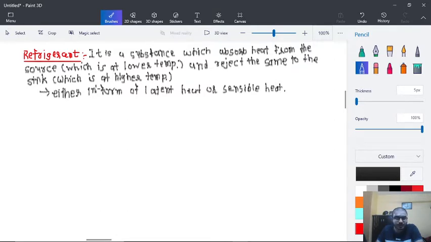Here the refrigerants which do the refrigeration, that is absorption of heat in form of latent heat, are more efficient than those who do the same task with sensible heat. Now we will go through the classification of refrigerant.